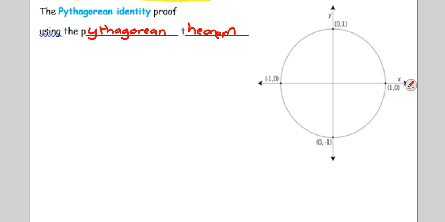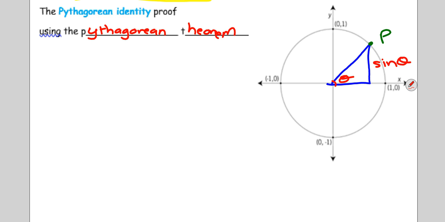So to do this, we need to draw another triangle again, just to practice doing this stuff. It's a point P, and we've got a little angle here, theta. The angle's always with the x-axis. Our x-coordinate is cos theta, and our y-coordinate is sine theta.